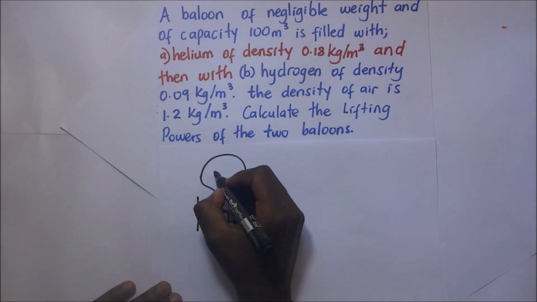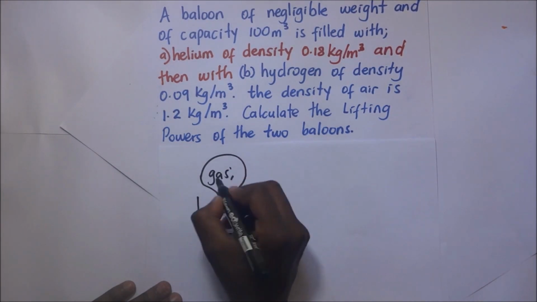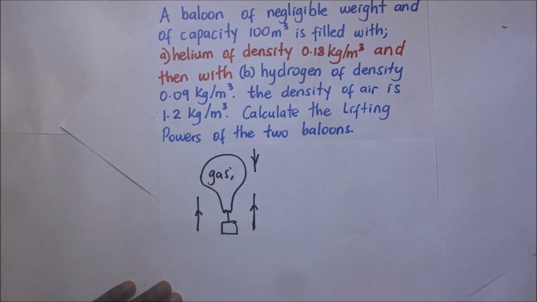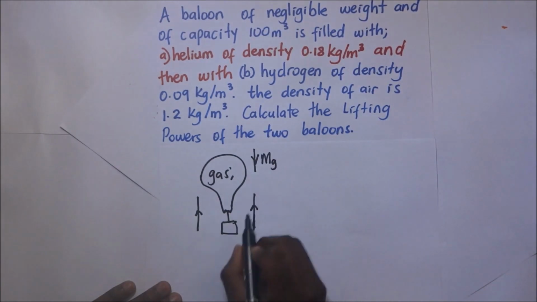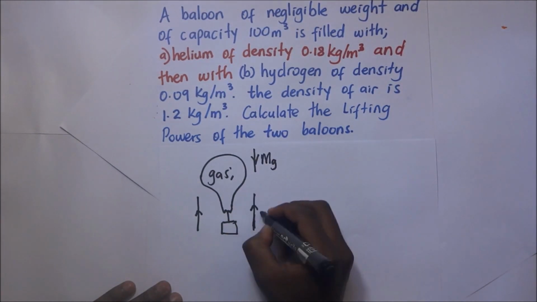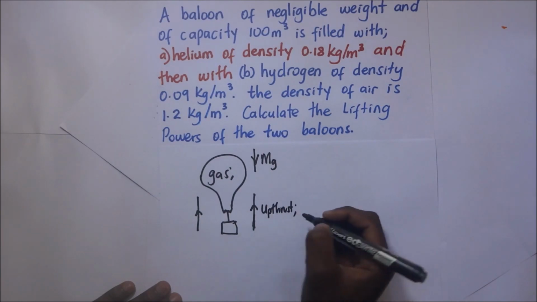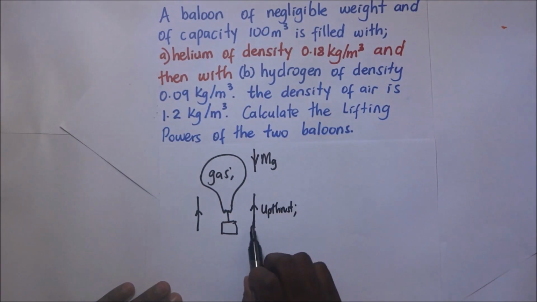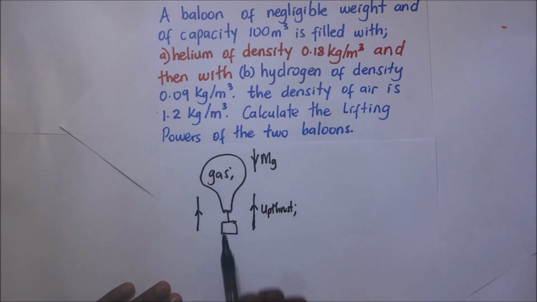Now, of course, if this balloon has some gas in it, this gas has mass, and this is also acting downwards. So we are looking at the mass of the gas, then the force acting upwards, the upthrust. These two forces are going to oppose each other. We have the upthrust force, which is equivalent to the weight of the air that has been displaced, acting upwards.